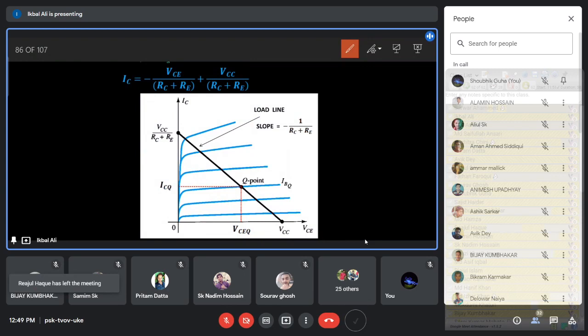Is it a parabolic equation, a circle equation? What type of equation is this?